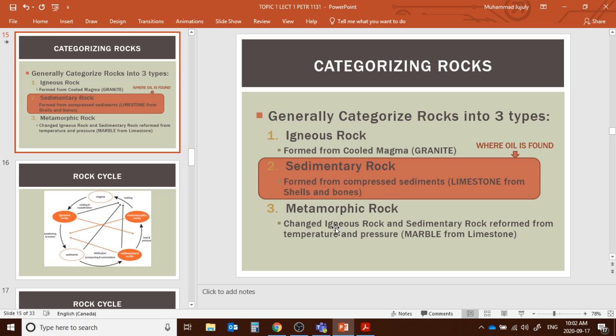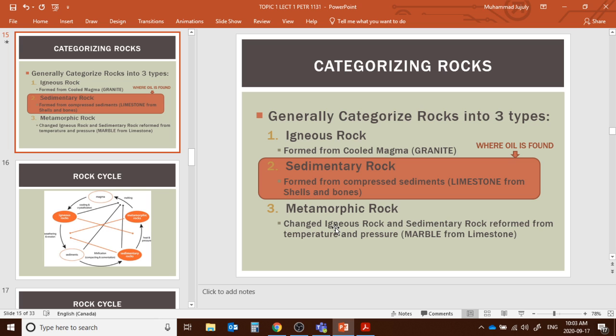And how does limestone get created? Under huge pressure, the shells and bones of different plants, marine life, or even other materials, for instance the sands we see, if we put them under huge pressure, that would also create sedimentary rock.